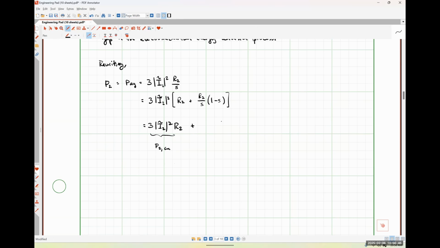And so what's left, 3 times I2 squared times R2 over S times a factor of 1 minus S, has to be the mechanical power for our system.